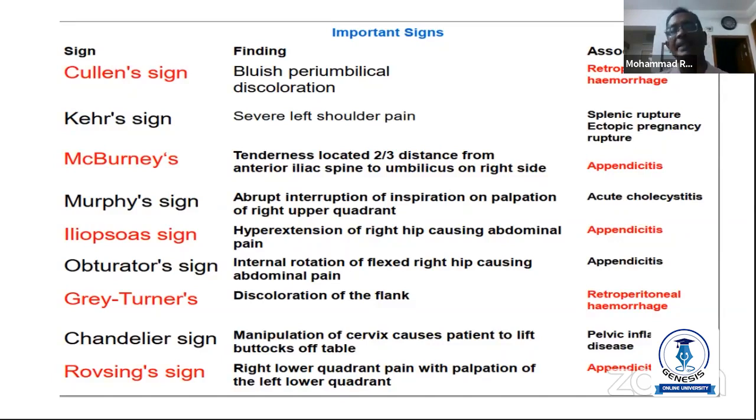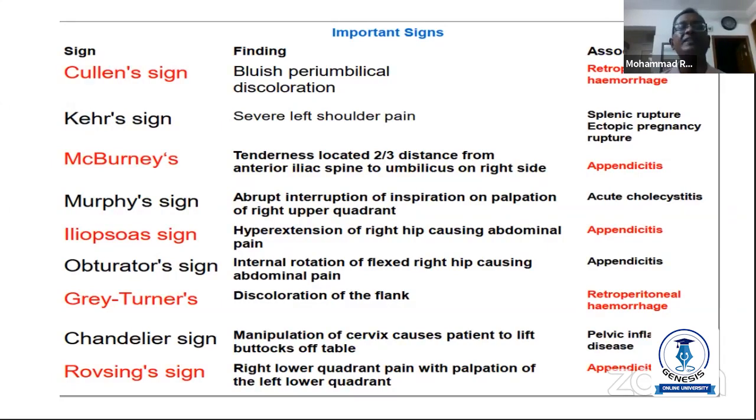Psoas sign, hyperextension of the right hip causes abdominal pain, seen in appendicitis. Obturator sign, internal rotation of the flexed hip causes abdominal pain, also appendicitis. Grey Turner sign, discoloration of the flank, indicates retroperitoneal hemorrhage in acute hemorrhagic pancreatitis.